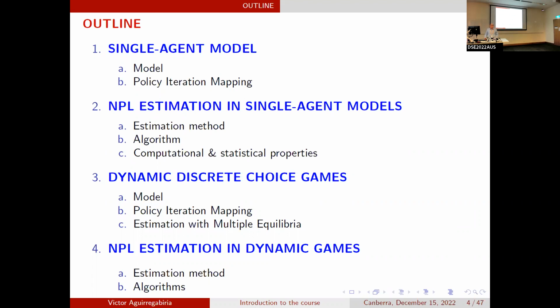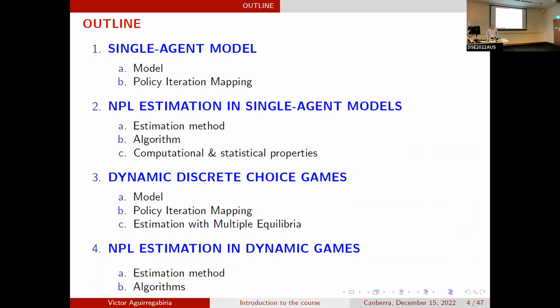And then I will spend some time on the policy iteration mapping, because it plays a crucial role in the nested pseudo likelihood. And I will spend some time talking about one property that in the context of single agent is very important. It's crucial for the NPL method, and it's the zero Jacobian property of the policy iteration mapping. Okay.